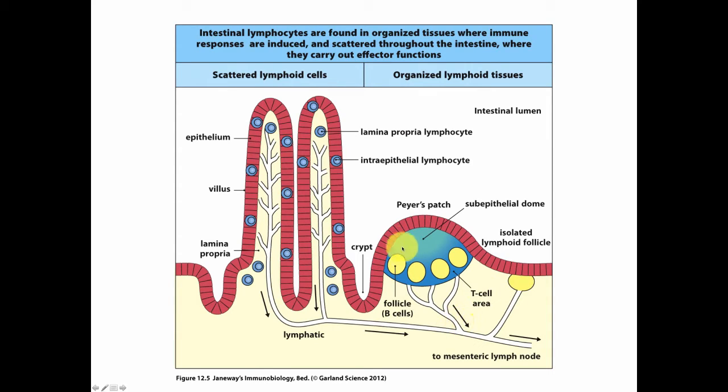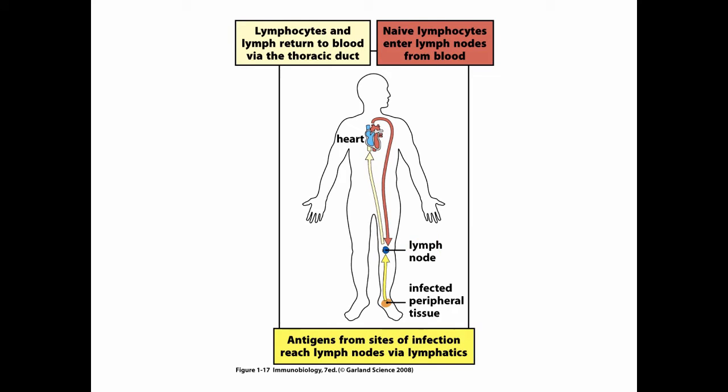And you also have organized areas of lymphoid tissue just underneath the epithelial cells that can exist as isolated lymphoid follicles, so T cell and B cell areas, as well as Peyer's patches that are an agglomeration of multiple T cell and B cell areas. And all of these secondary lymphoid organs serve as places where lymphocytes can interact with antigen. All the time we have lymphoid cells recirculating throughout the body and throughout these different lymphoid tissues.